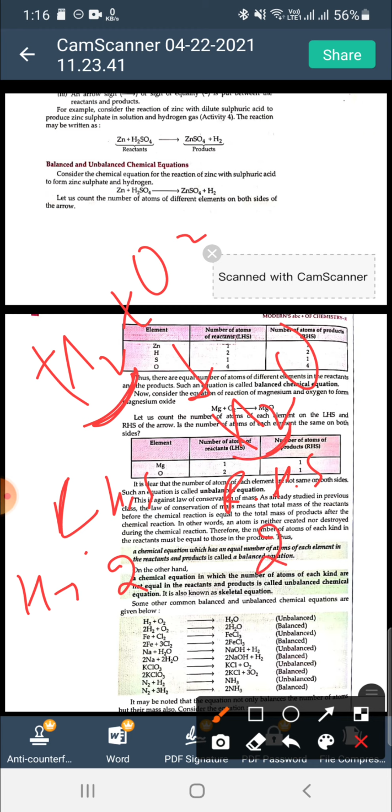It's fine. On the left hand side, oxygen is 2, and on the right hand side oxygen is 1. It means whenever there is an unequal number of atoms on the reactant and product sides, it is known as an unbalanced chemical equation. If the number of atoms on both sides is equal, it is said to be a balanced chemical equation.